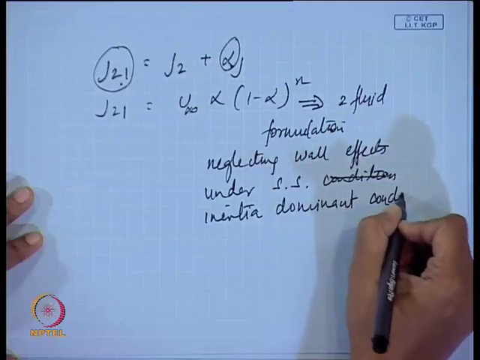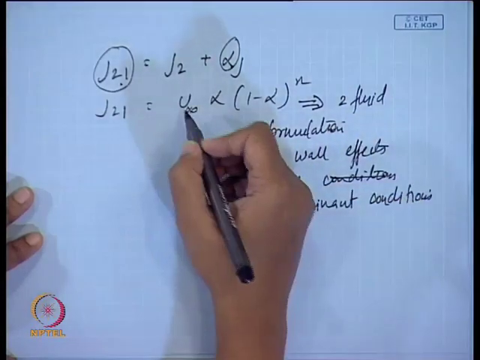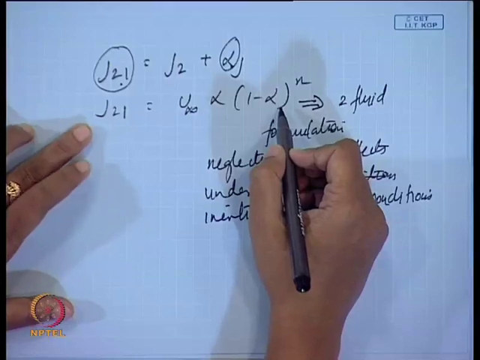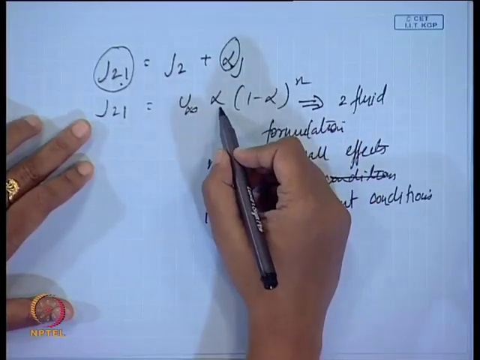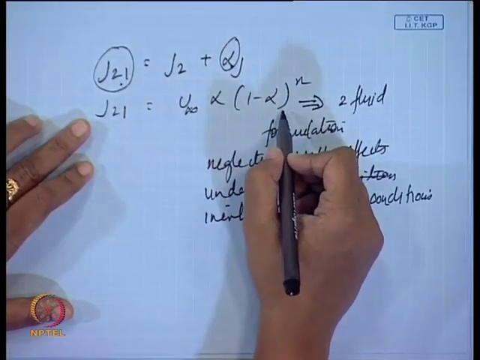For that particular condition we had obtained this, and we find that this equation expresses J21 in terms of alpha, and this is independent of the phase flow rates.